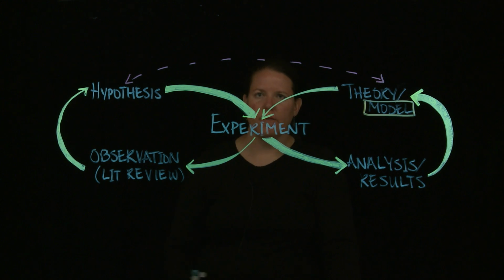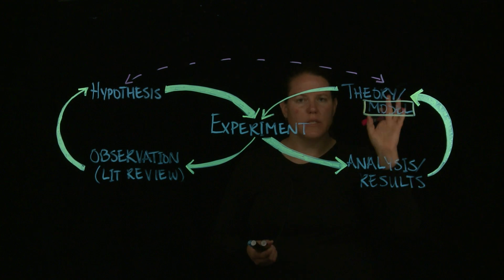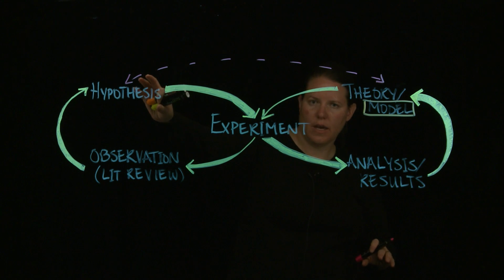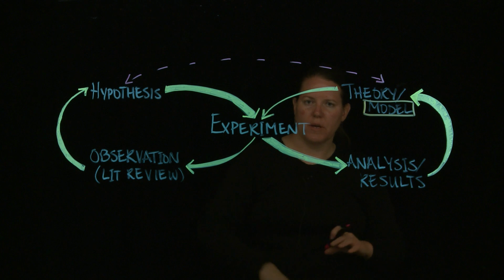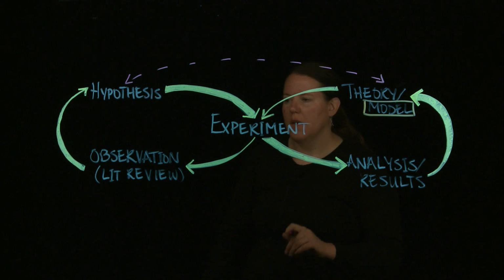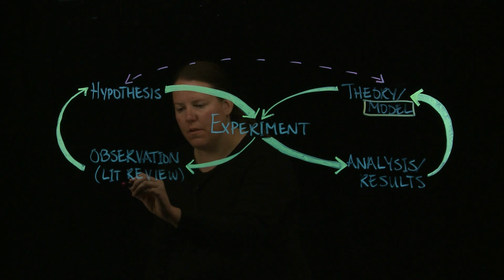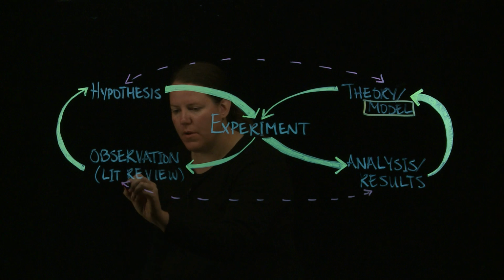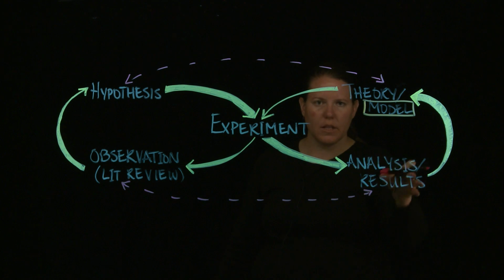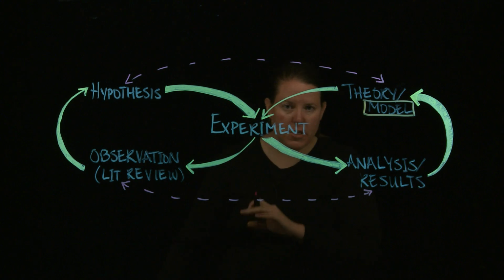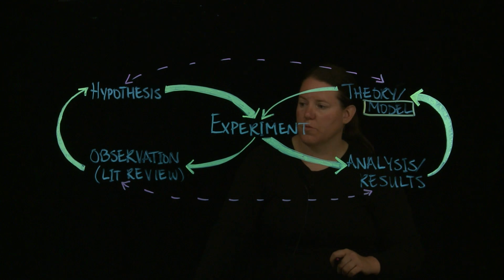You should have some kind of moment where you can say, okay, the model that I came up with has some kind of explanatory power that is based off of my hypothesis. And then you should also have some kind of reiterative process between these two. Your analysis and your results should reiterate your original observation and your original literature review.